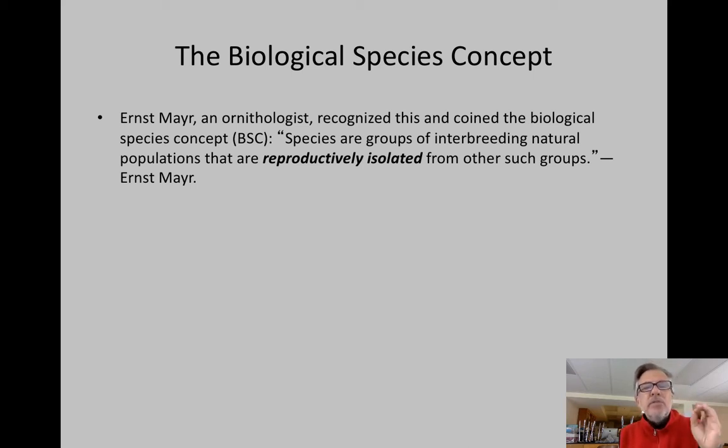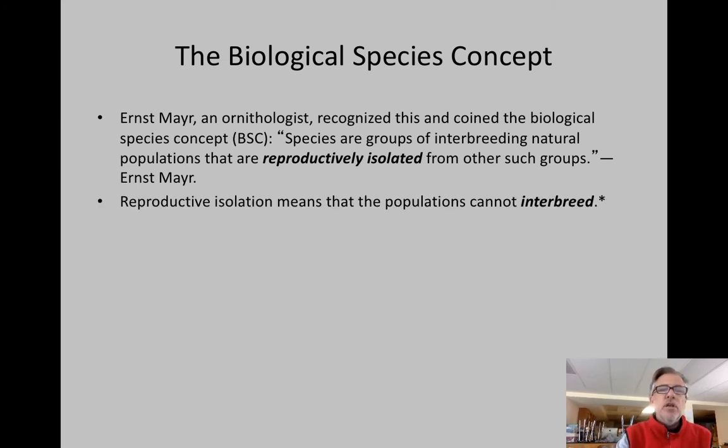He said, species are groups of interbreeding natural populations that are reproductively isolated from other such groups. So think of what that means. It means that you might have a set of populations and they cannot interbreed with another group of individuals represented by a different set of populations. So those two sets of populations would be two separate species.